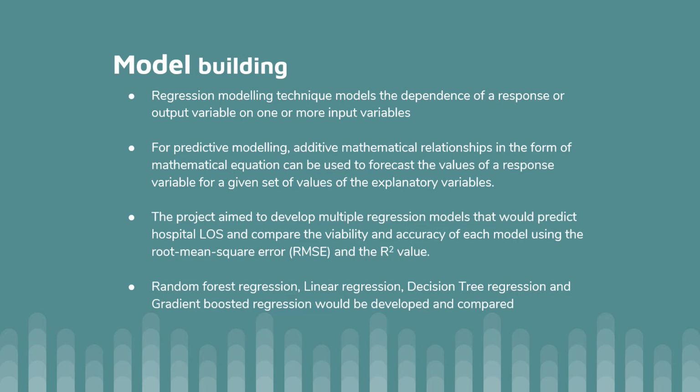So the way we can determine the accuracy of our model is a best model would have the lowest value of RMSE and the highest value of R squared. And for the model building of our project, we came up with 4 different regression models. They are random forest regression, linear regression, decision tree regression, and gradient boosted regression.